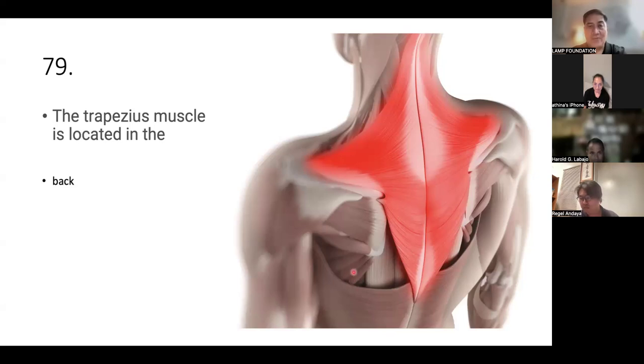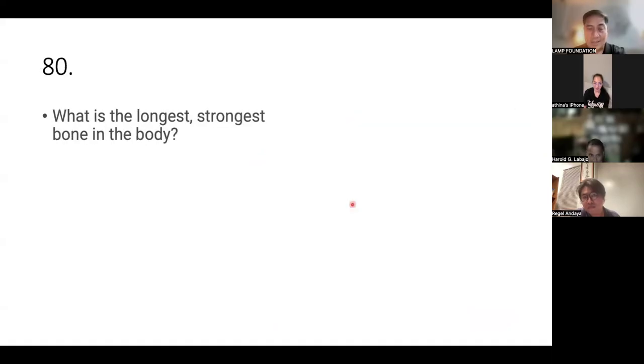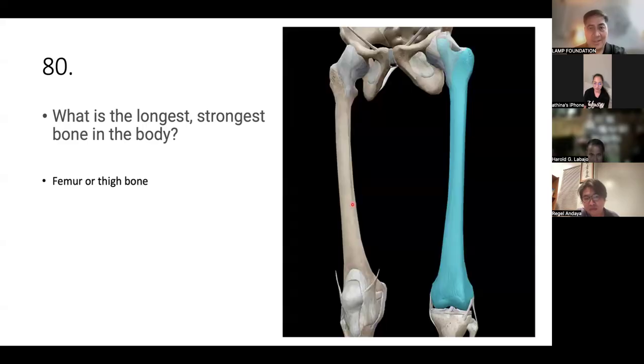That's why when you have neck pain or shoulder pain, usually it involves here and this one. That explains why when you have shoulder pain that affects the trapezius, it hurts here too. And we can relieve that in a few minutes. What is the strongest bone in the body? It's the thigh bone, or the femur. Yes, the femur.